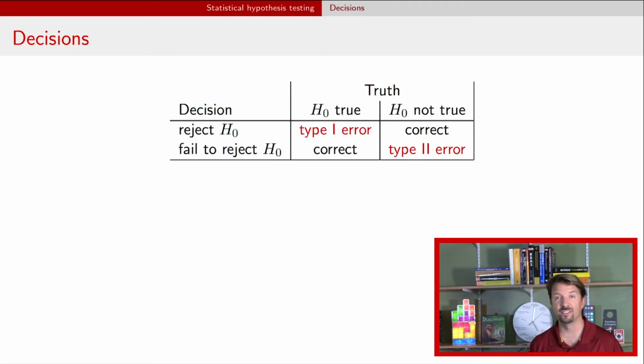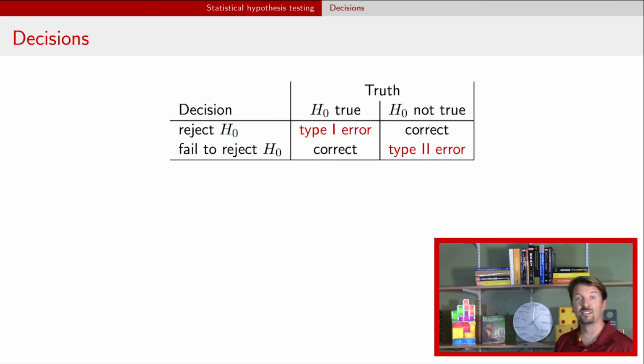When we make this decision, there's two possibilities, but overall, depending on what's true and what decisions we make, there's 4 total possibilities of what could happen. That is, on the top, along the columns, we have that either the null hypothesis could be true or that it's not. Down the rows, we have either that you reject the null or you fail to reject the null.